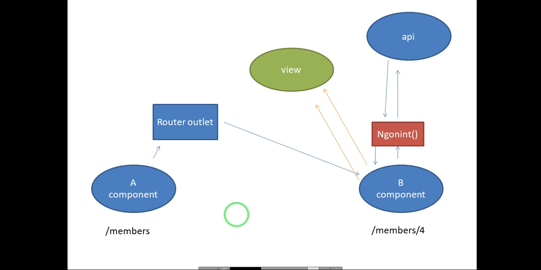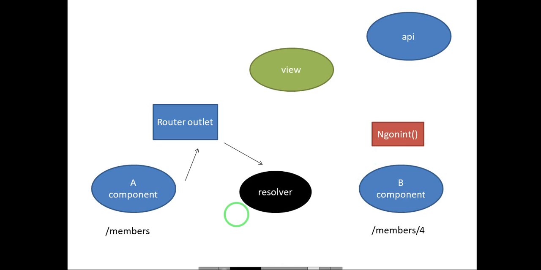So what is the solution? The solution could be a resolver. So instead of going to this B component, we go to the resolver, and in the resolver we get data from the API. Now we have all the data in the resolver, so we can decide whether to go to the B component or go back to the A component.